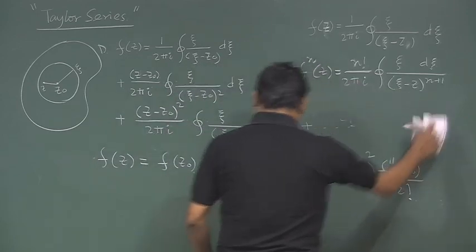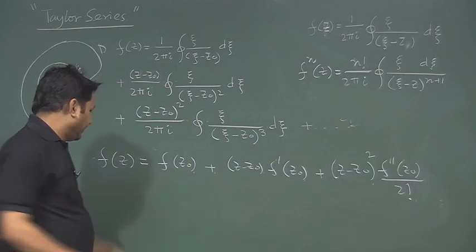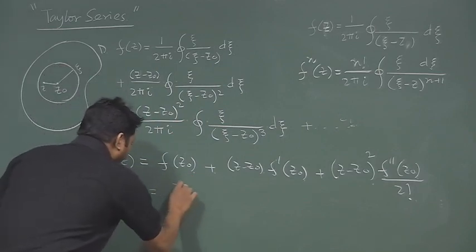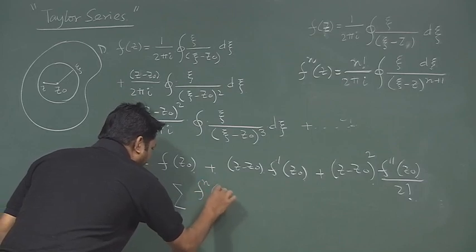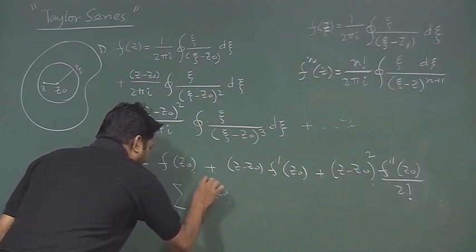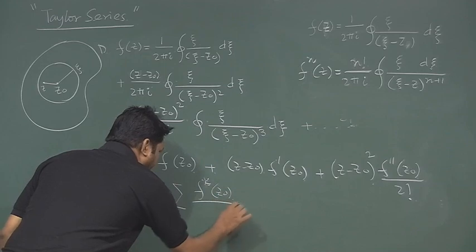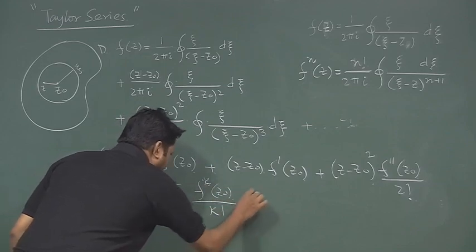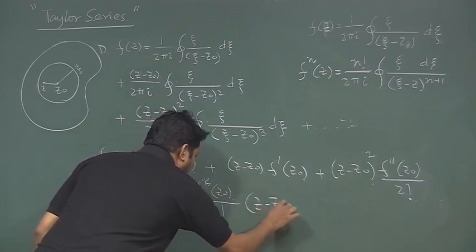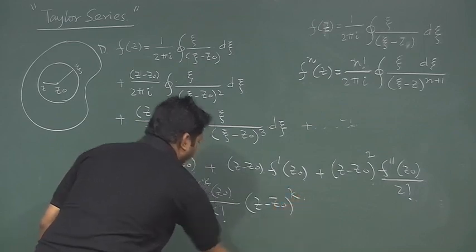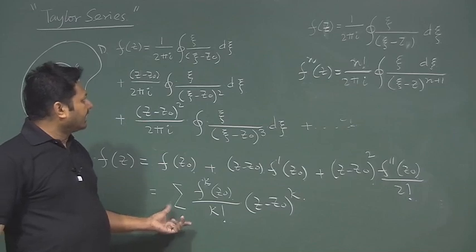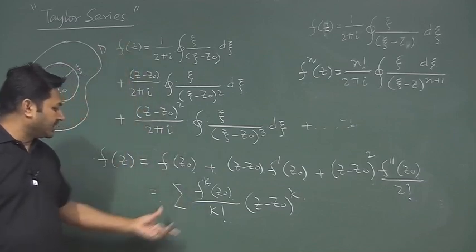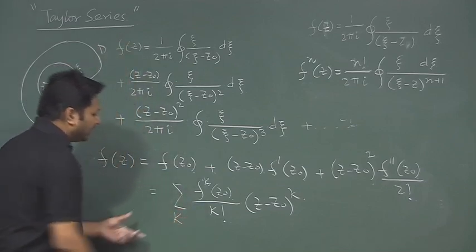So, if I go on with this, I will eventually have the kth order derivative at z0 divided by factorial k, times (z minus z0) whole to the power k, which is nothing but the Taylor series expansion, the first expression that I have written.